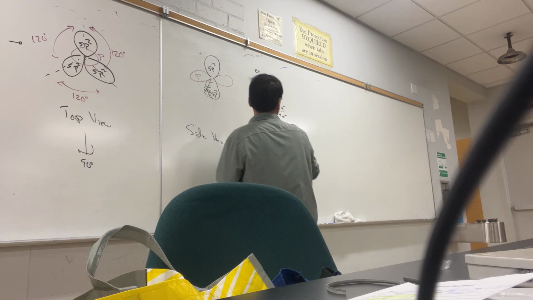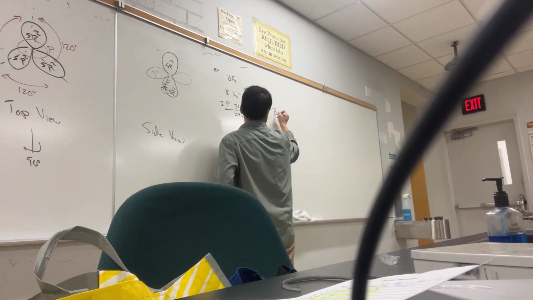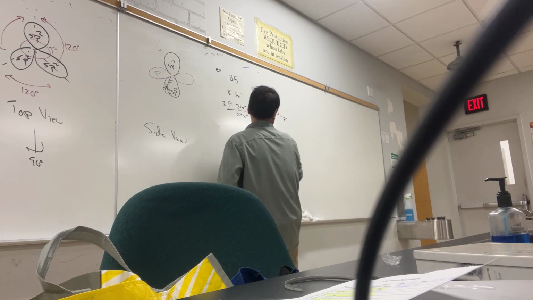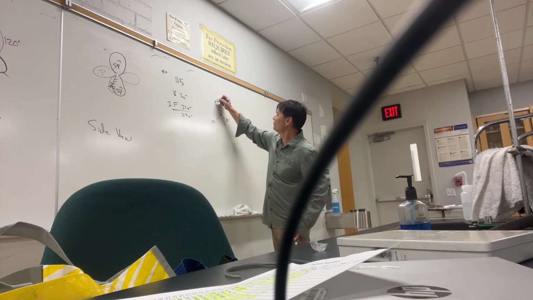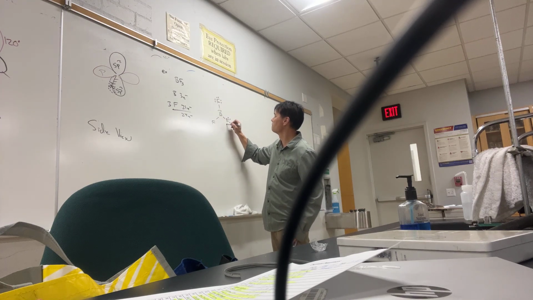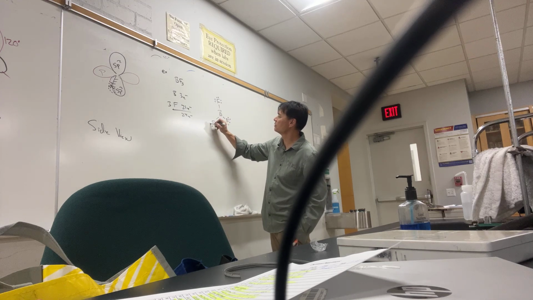Can I form a double bond? No. And so I'm stuck. I'd like to double bond, but this is not going to work because that would mean fluorine would have to give up an electron to boron.